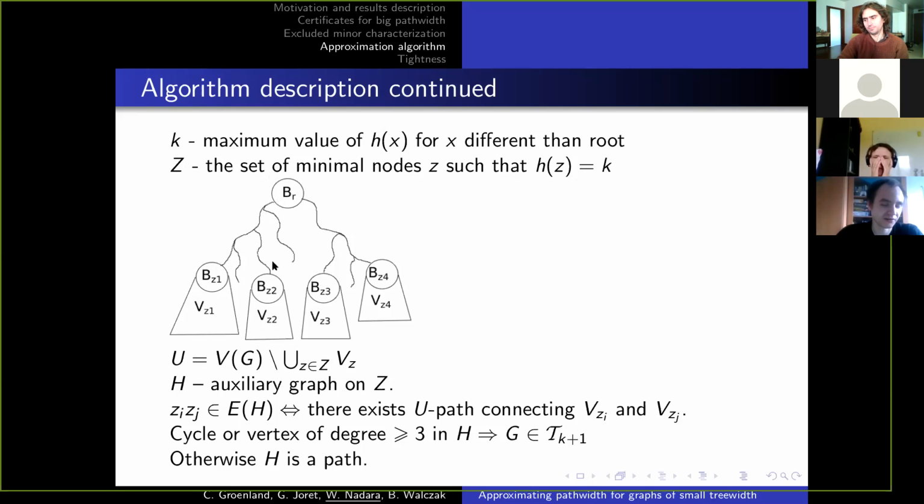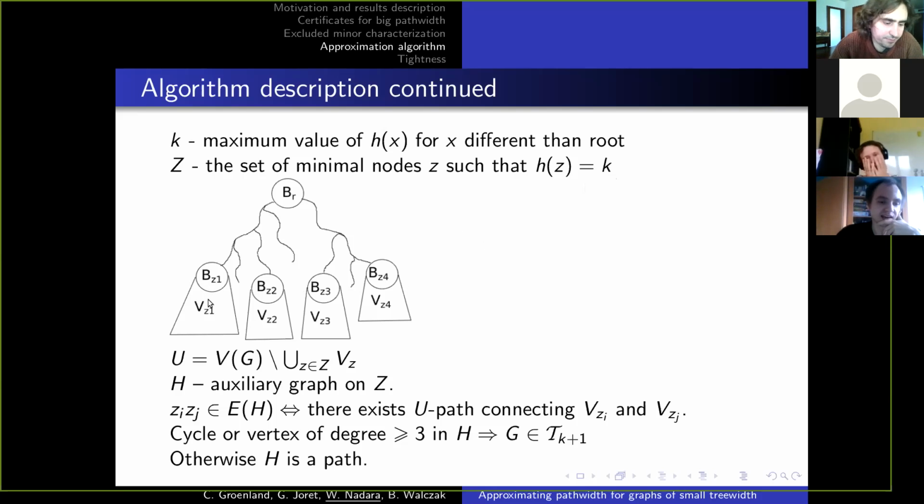Of course, their ancestors have h equal to k as well. However, if we have a branch that branches to the side, we know that h on this path is smaller than k. These 4 bags are the 4 minimal nodes which cause h of z to be k.